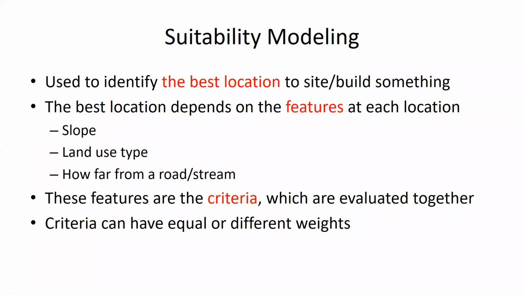So let's say if you have a score of 1, then that is the best possible habitat for that species. Whereas if you have a score of 3, 4, or 5, then it becomes a little bit less likely and difficult. So these features are the criteria which are evaluated together, either with equal weights or different weights, depending on the work that you are doing.